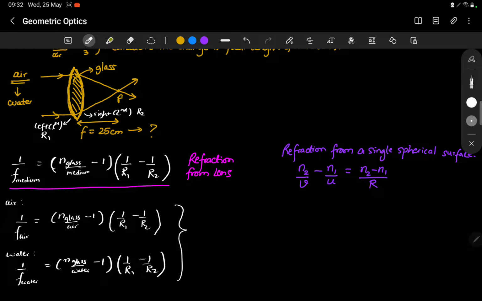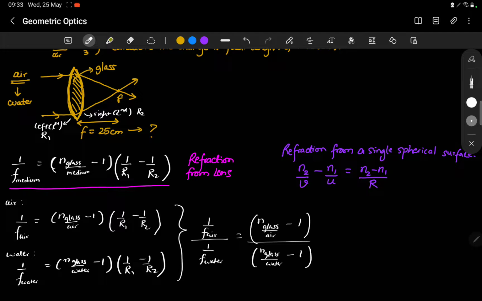Dividing the two, we get the following. R1 and R2 are constants. They do not change with the medium. They are a property of the lens itself, of the geometry of the lens. So they will not come into this division, this ratio.